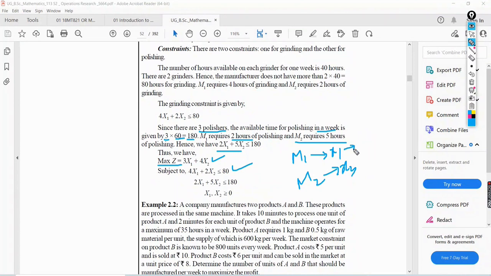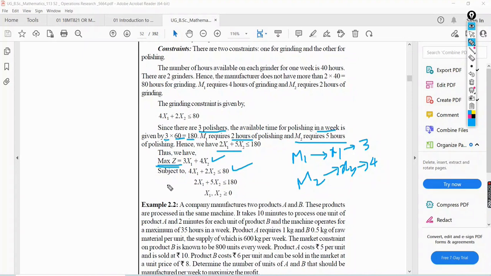From model 1 I get 3 rupees profit, and from model 2 I get 4 rupees profit. The condition for maximizing profit is effective utilization of the grinders and polishers.